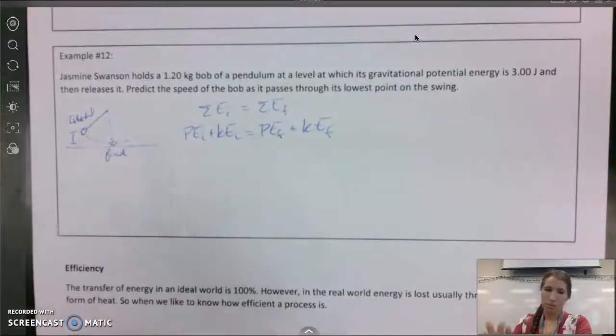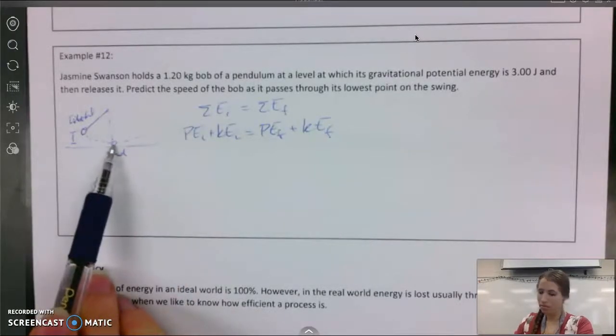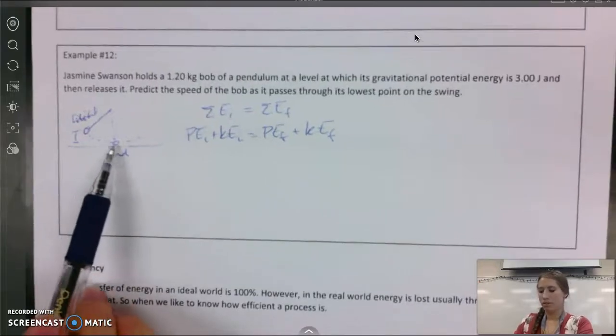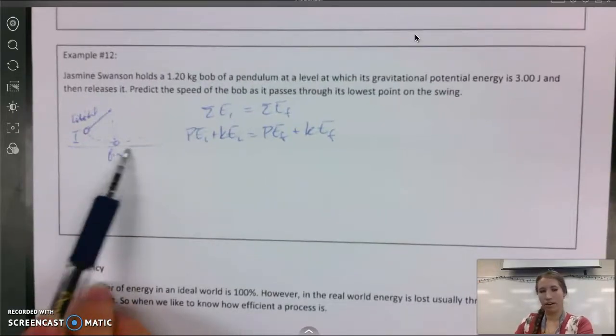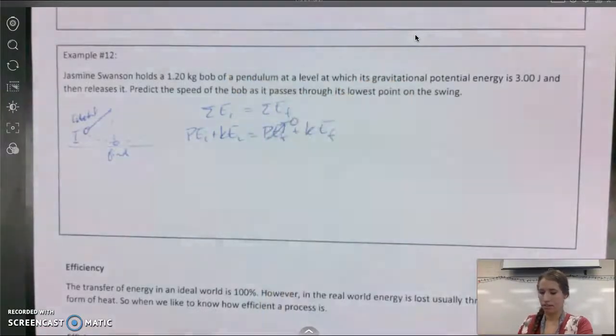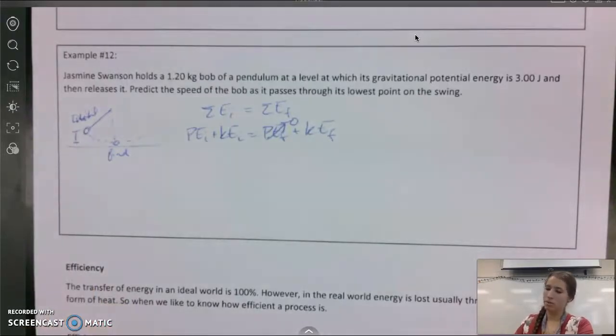Now I chose to make the ground, or my origin, right at the bottom of the swing here, and that was purposeful because I didn't want there to be any height in my final condition here, so that I could say that the potential energy final is 0. And then the other thing that zeroes out here is she releases the ball, and so that means initially, that moment she releases, we don't have any velocity, so we wouldn't have any initial kinetic energy.